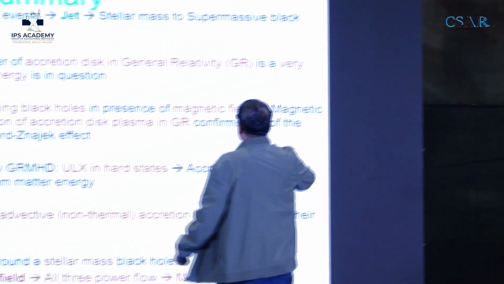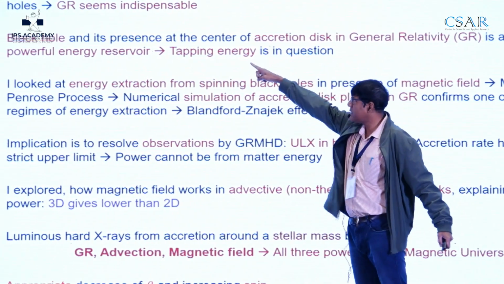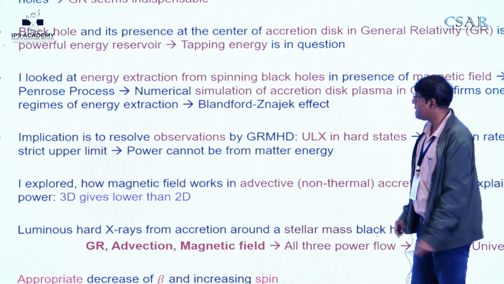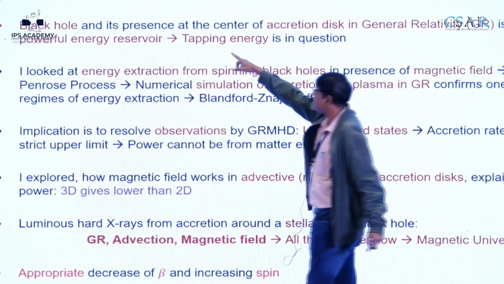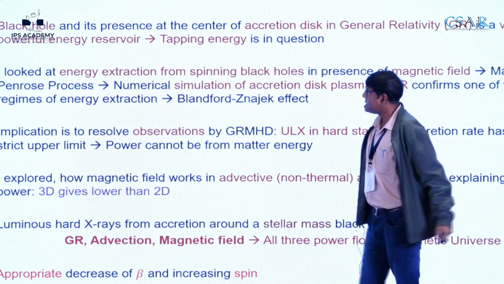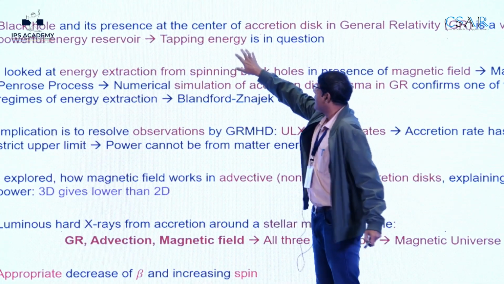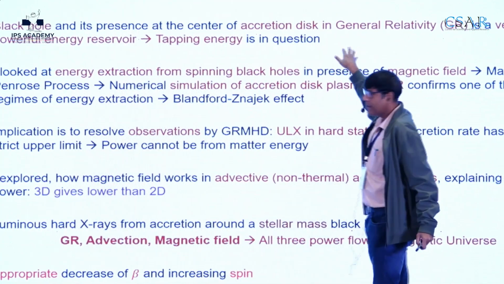And from stellar mass black holes to supermassive black holes, general relativity seems indispensable to explain them. So a black hole at the center of the accretion disk in general relativity is a very powerful energy reservoir. I tried to convince you. Tapping the energy is the question.